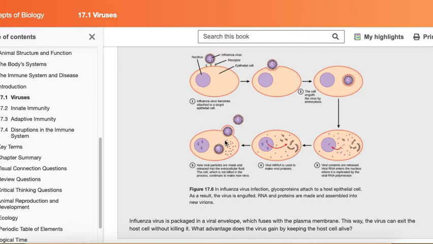That programmed suicide breaks open the cell and releases all of the new virions that have been replicated. Another way that the cells can do this is the viruses will actually use budding and will one by one bud out and release the new virions.